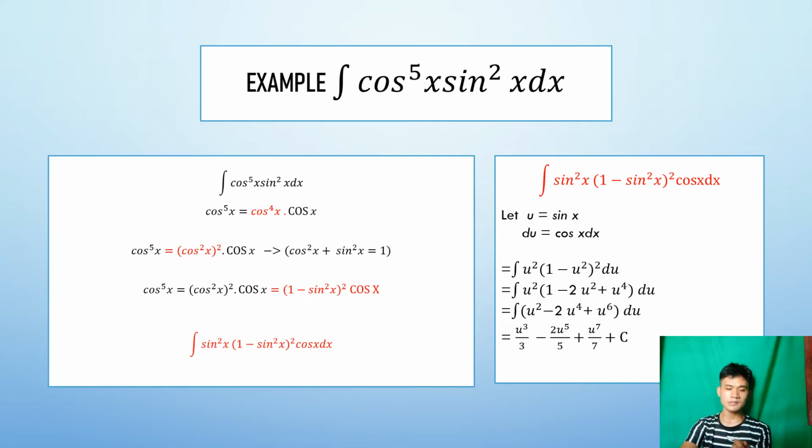Since we all know that u is sine x, we just plug in sine x to substitute the variable u. So we come up with 1 over 3, or 1/3 sine cubed x, minus 2/5 sine raised to the power of 5x, plus 1 over 7 sine raised to the power of 7x, plus c. Sorry for the inconvenience of not showing the whole result.